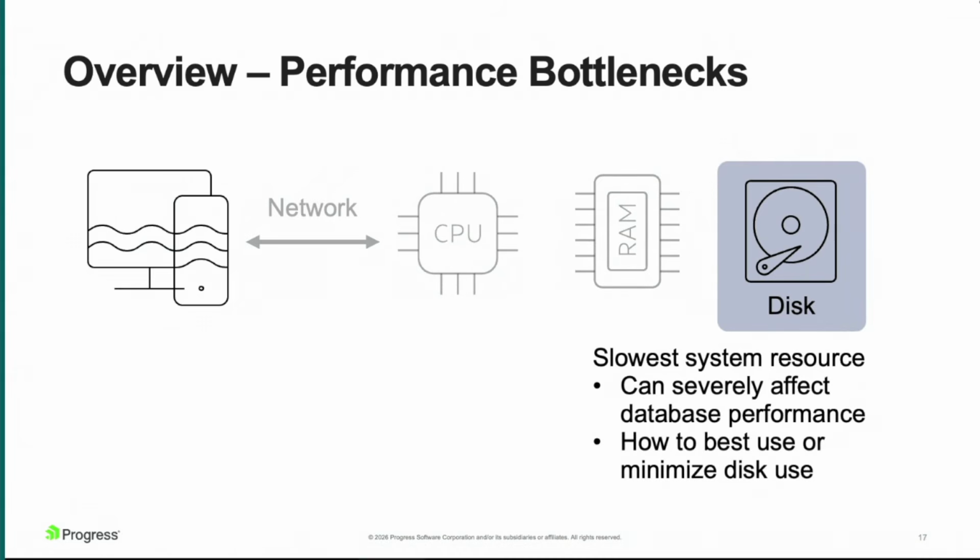And lastly, your disk. Your disk is the slowest system resource. It can severely affect your performance, and minimizing the use of the disk as much as possible can improve your database performance immensely. Now, some people are going to say, hey, I have a brand new SSD drive. It's wicked fast. I don't have to worry about that anymore. We're working with customers right now who thought that was the case.